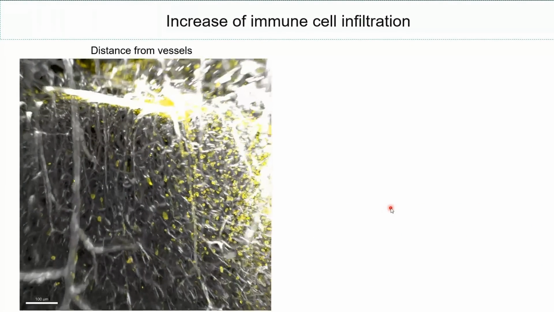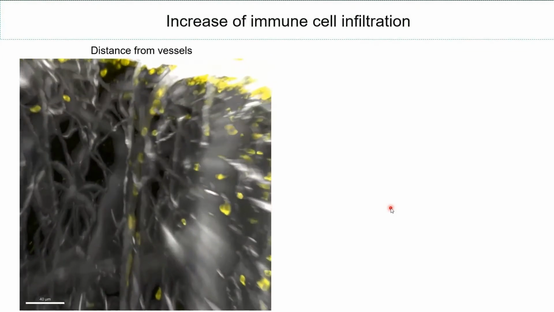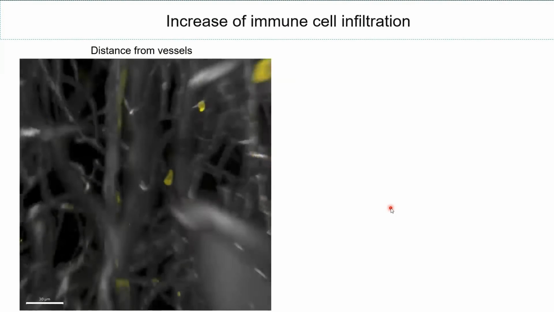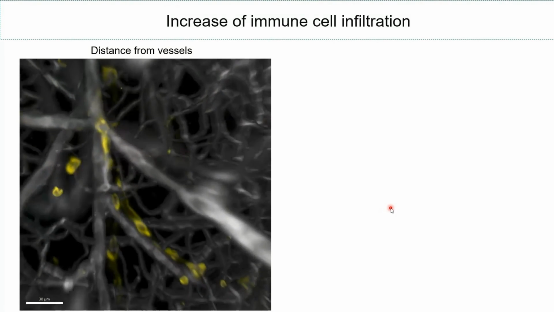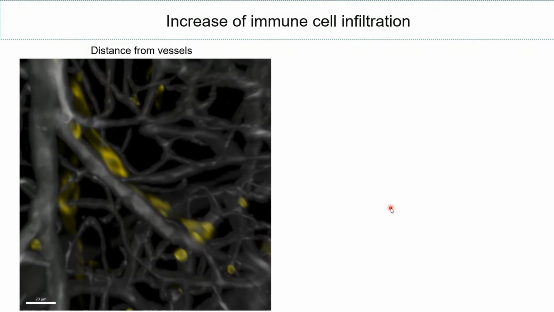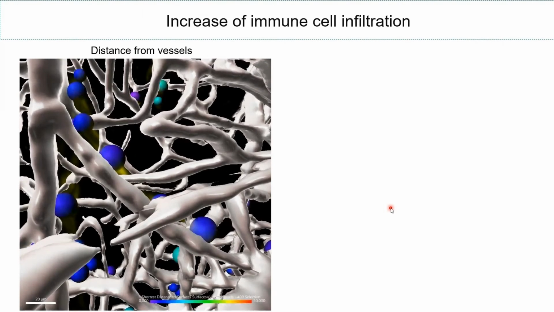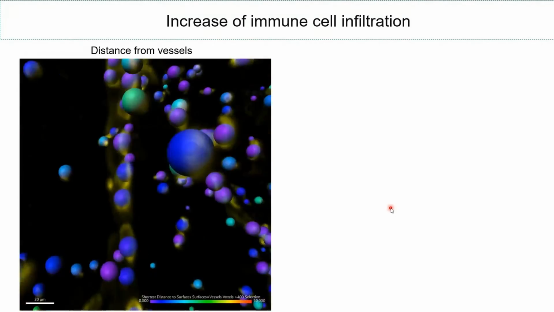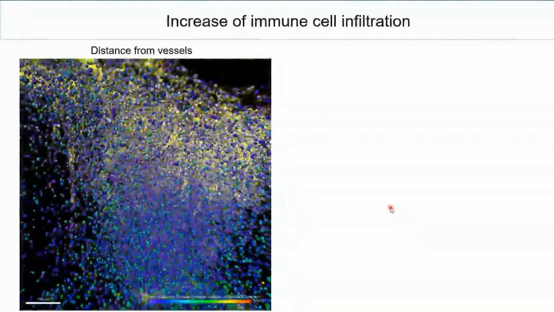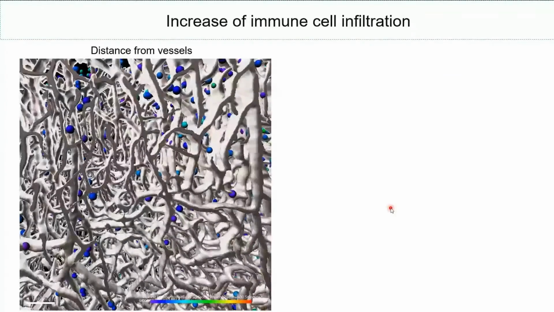So we know that immune cells can also come from vessels. They can use vessels as a route to infiltrate tumors. So we also wanted to know what is the distance between the immune cells and the vessels to understand if we can find more immune cells far away from the vessels, meaning that the infiltration is also promoted.